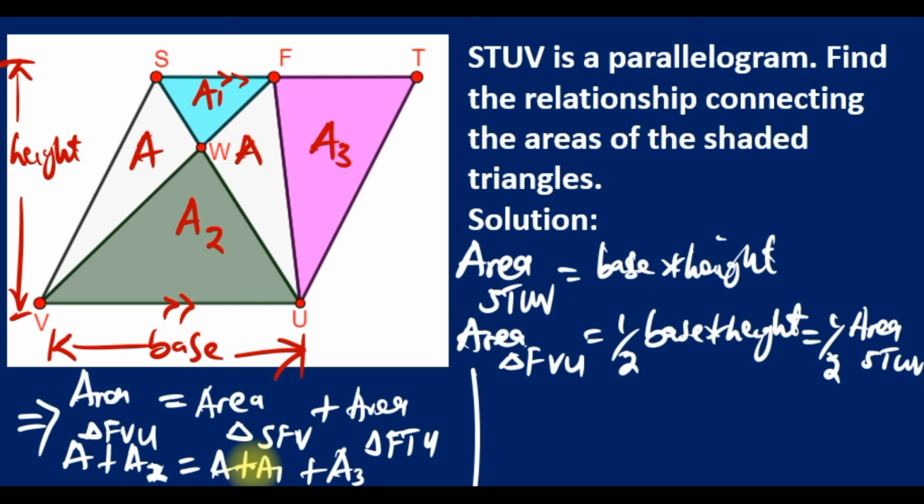The sum of this and this will be equal to this. So looking at this, there are common terms. A is common. So this is just a combination of trapezium property and parallelogram. So A is off. So we have that A2 will be equal to A1 plus A3. So have you seen it? That if you add this area and this, it will give you this.